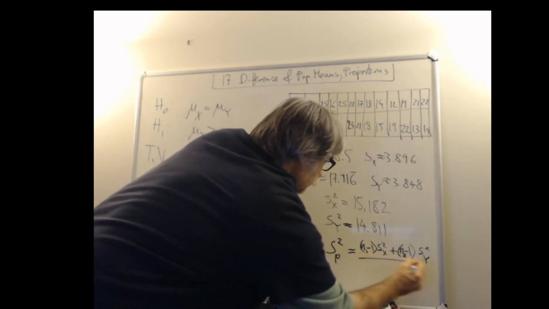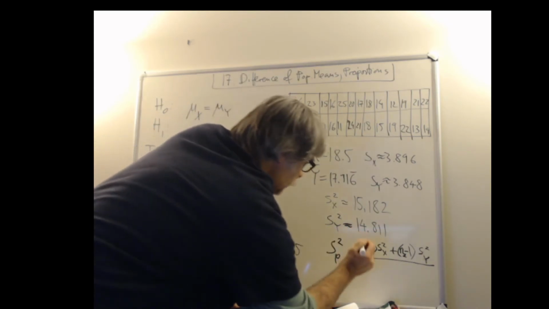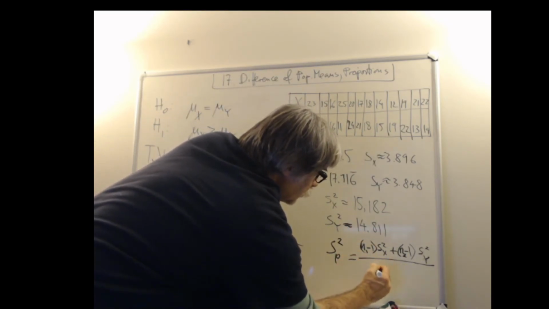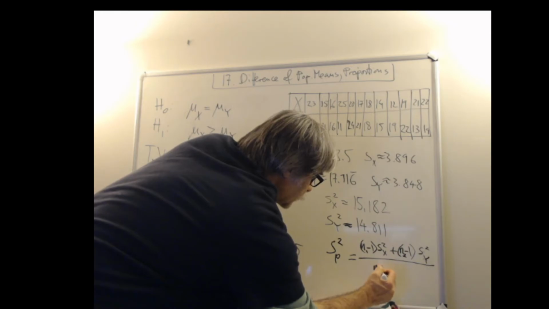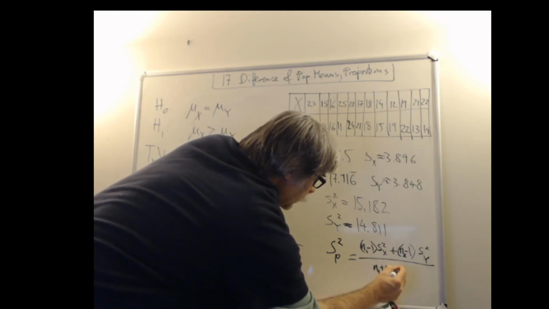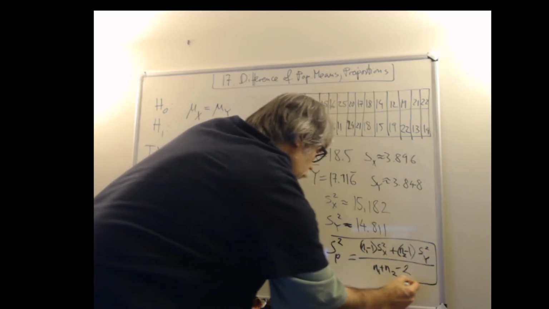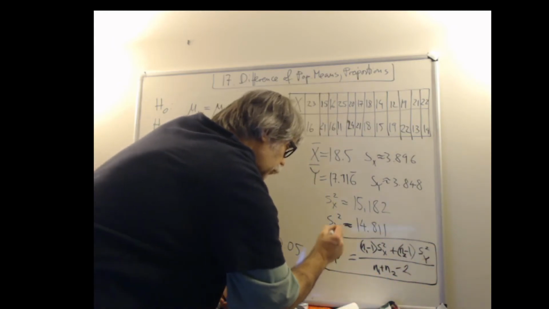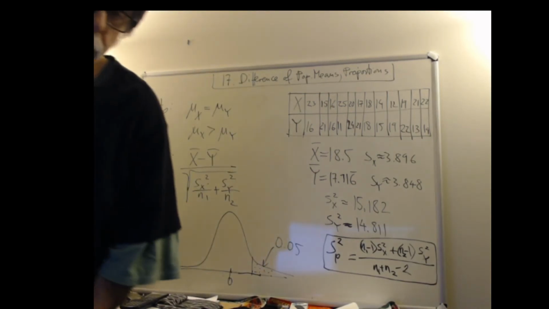And then I'm going to divide it all over the degrees of freedom I have, which is the sum of two. This plus this, n1 plus n2 minus 1 minus 1. So n1 plus n2 minus 2. This is the formula for the pooled variance.